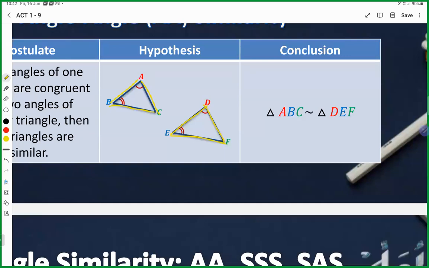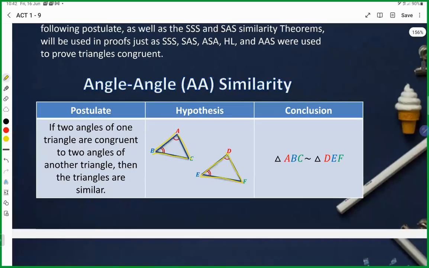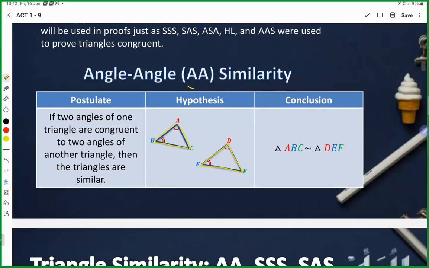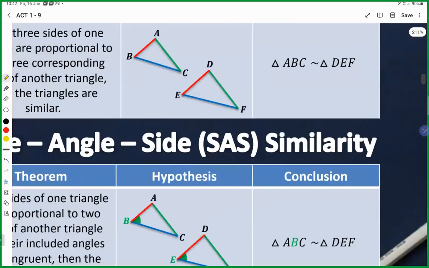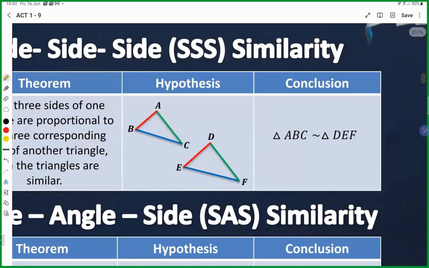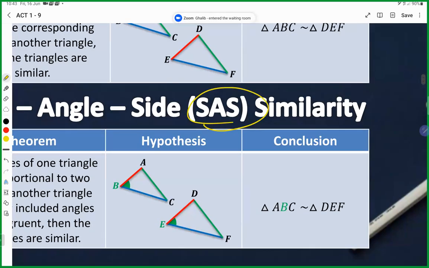They are not congruent. In similarity, we have three postulates. What are they? Angle, angle: if we have two angles equal to two angles, then both triangles are similar. This is the first case. The second case, if we have two sides having the same ratio and the angle between them, called the included angle, equal to the other angle, it's side, angle, side.